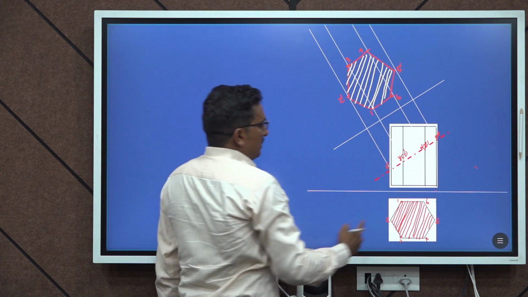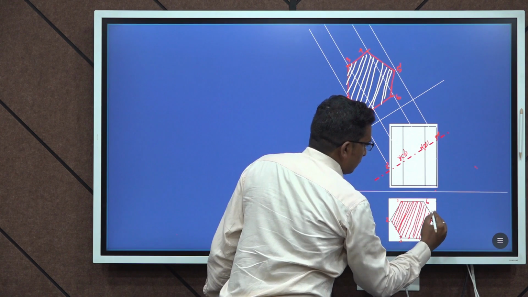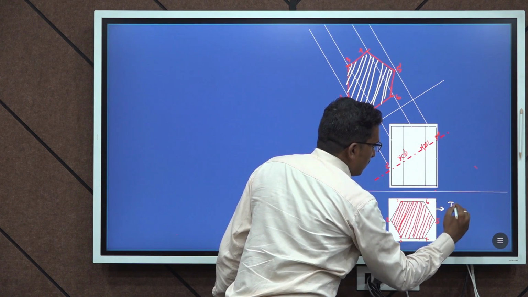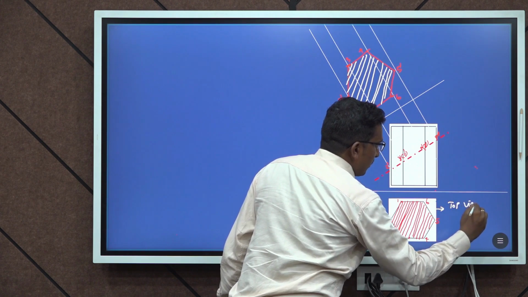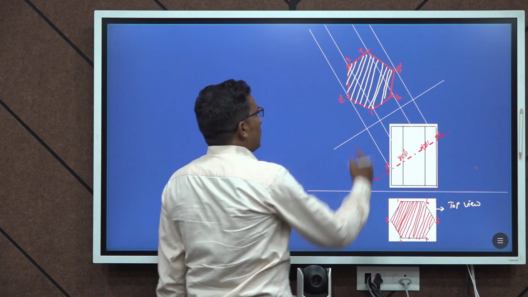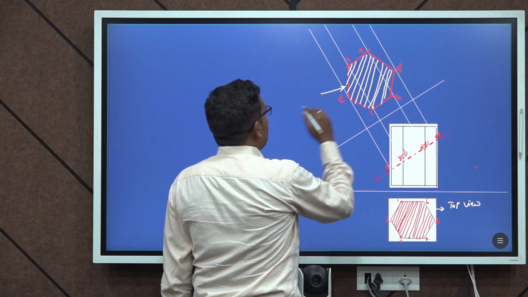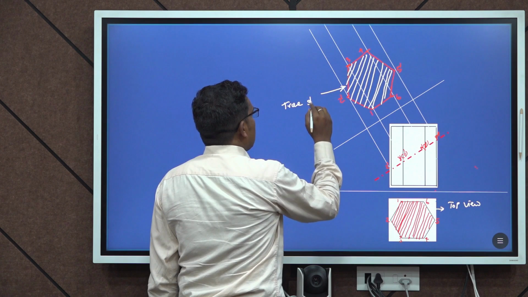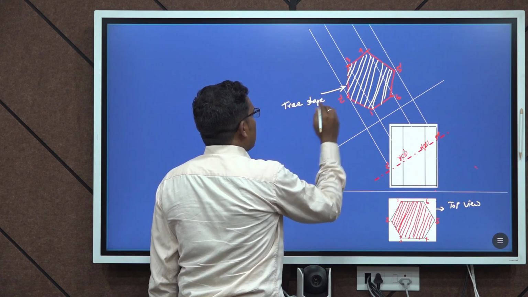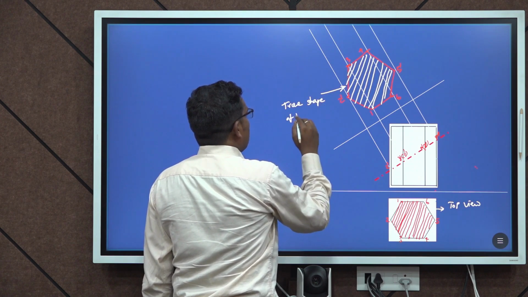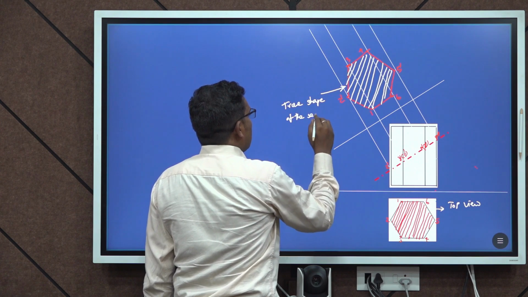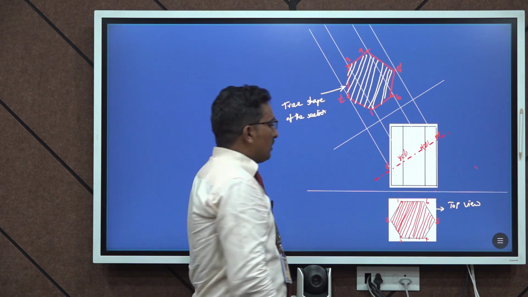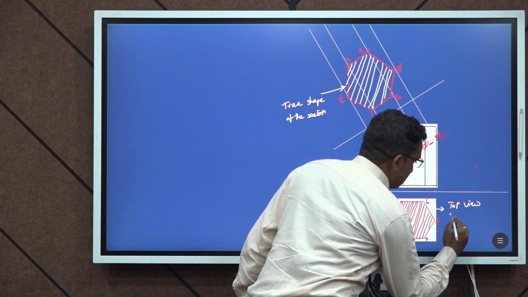And then finally this diagram is called the top view, and this diagram is called the true shape of the section. This is also called the sectional top view.